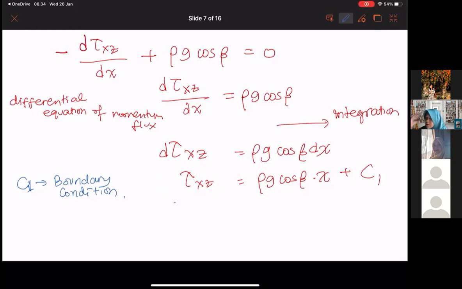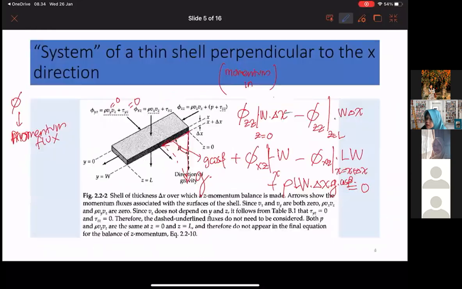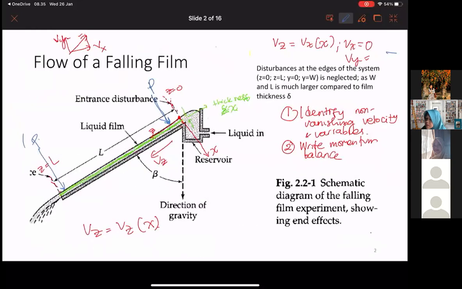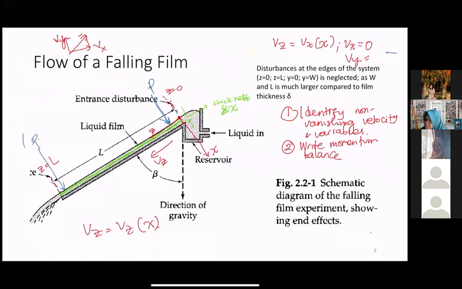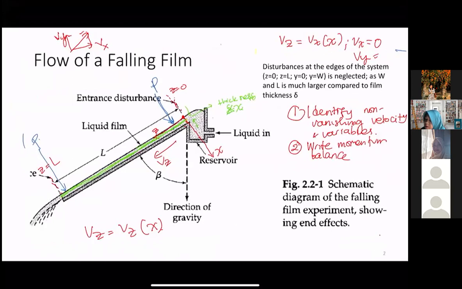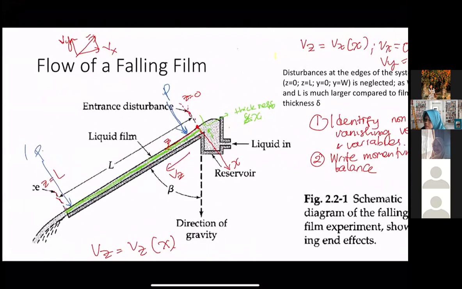The first step is maybe we can check again the flow of falling film. What is the boundary condition that may be related to this schematic, this phenomena, and related to the flux momentum?